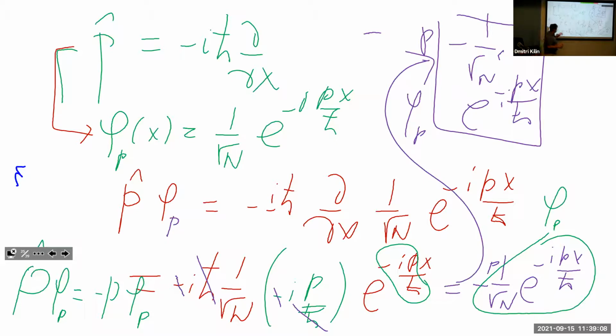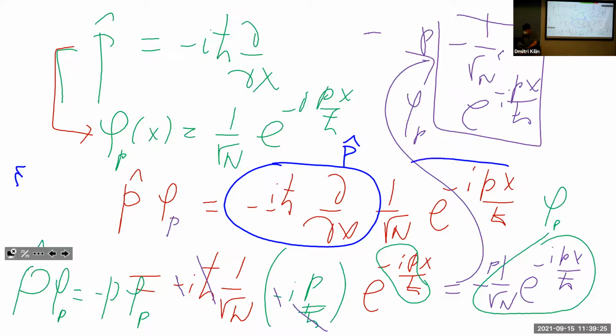So when we apply the momentum operator, so this one is P, right? We apply it to this circular box, which is phi sub P, right?